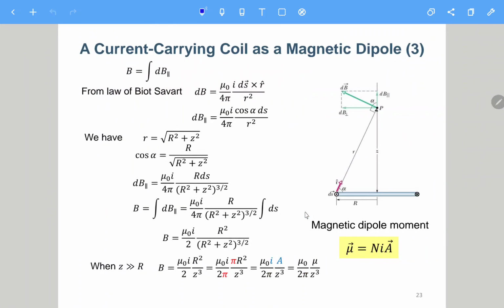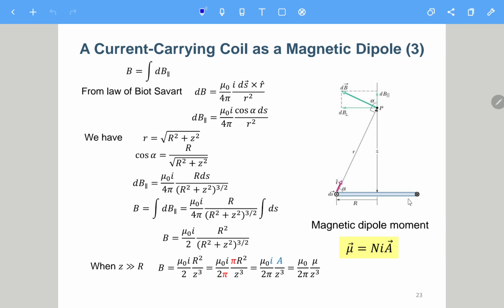Here we try to derive this equation using the Biot-Savart law. Here we cannot use Ampere's law, but hopefully this is not too difficult. Here is the current coil, but from a special angle we can just see a line.